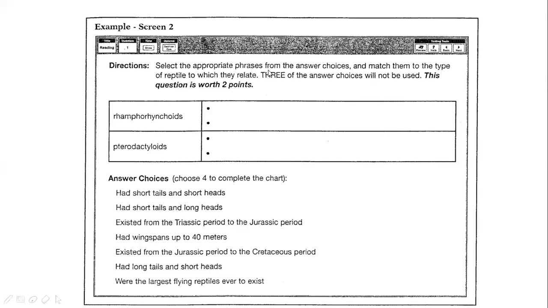Select the appropriate phrases from the answer choices and match them to the type of reptile to which they relate. Three of the answer choices will not be used. This question is worth 2 points. There are 7 answer choices, so 3 answers are incorrect, and there are 4 correct answers.